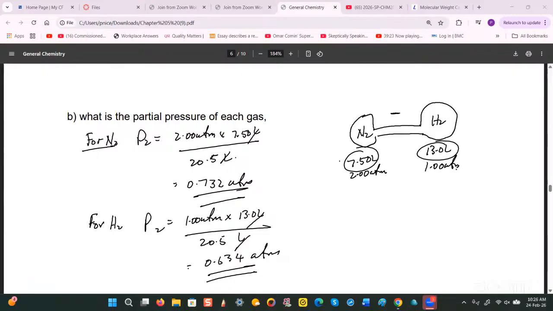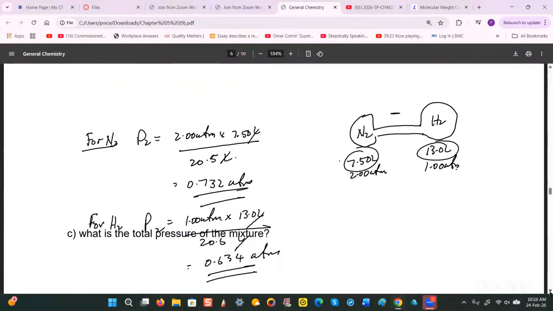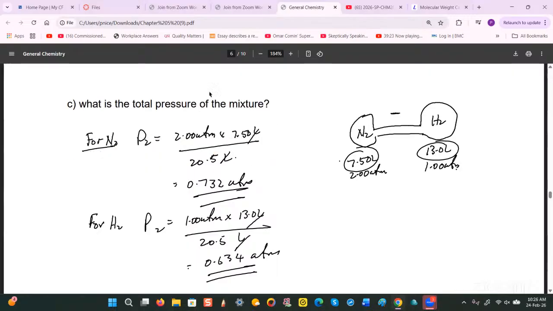All right. So that's the B part. So let me see. What is the C part asking for? C part is asking for the total pressure, well, that's easy. Right? The total pressure, PT, would be equal to what? What do you think total pressure is? Pressure of the nitrogen plus pressure of the hydrogen. Exactly, so 0.732 atmospheres plus 0.634 atmospheres.